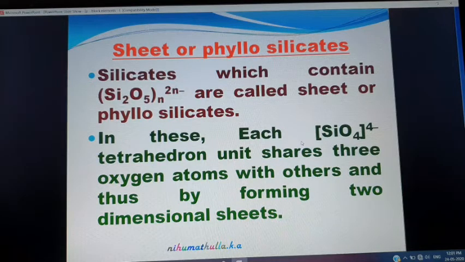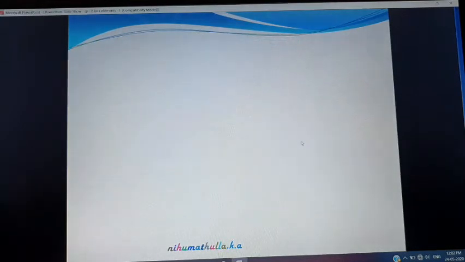In this, each SiO4 4- tetrahedron unit shares 3 oxygen atoms, not 4, 3 oxygen atoms with the others, and thus forms a 2-dimensional sheet like paper, called pyrosilicates.